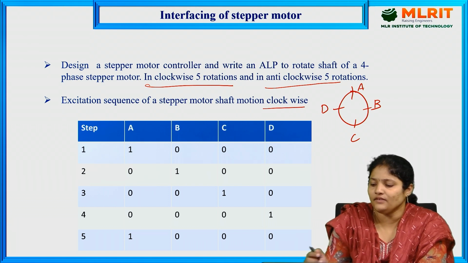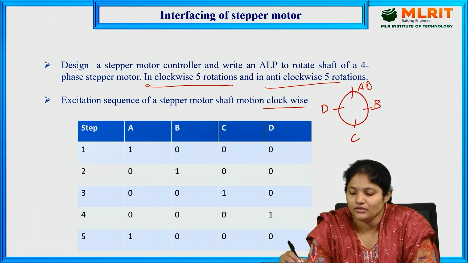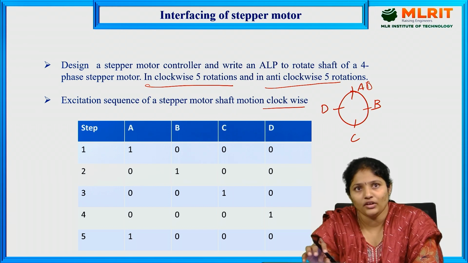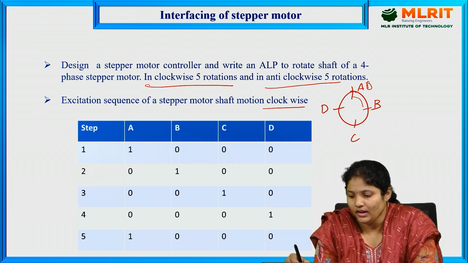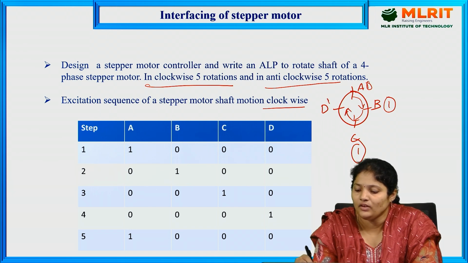So basically in the first step, the excitation will be at position A. So it is rotating in the clockwise direction. Next, B will have the excitation. Next, for another step, C will have the excitation. In another step, D will have the excitation.